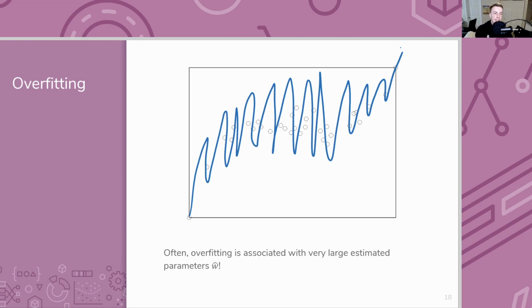For all of your learned coefficients, or at least many of them, so w0, w1, w2, all the way up to w-hat D, the magnitude tends to be quite large, much larger than 0.